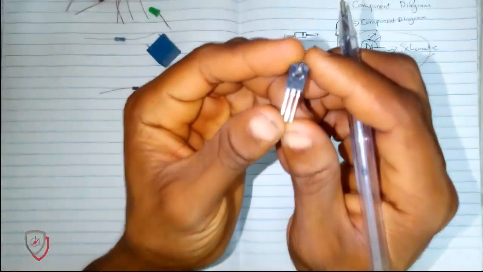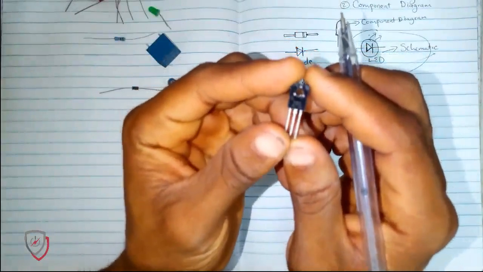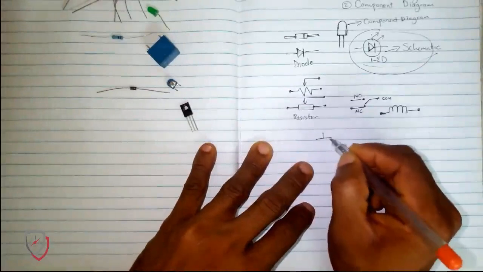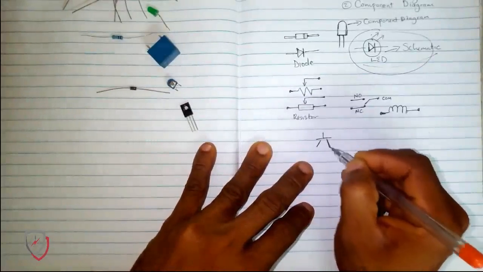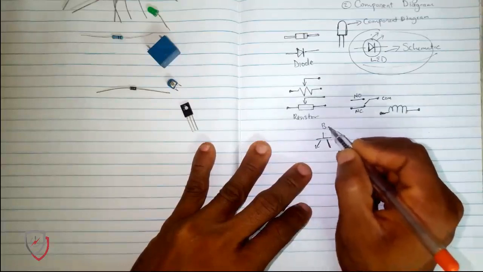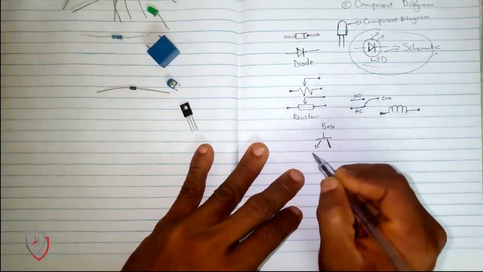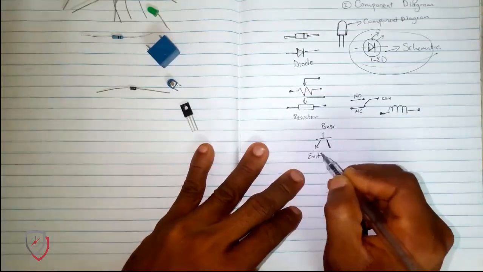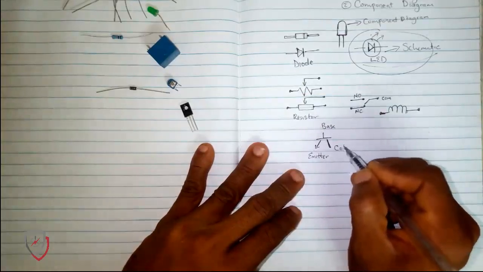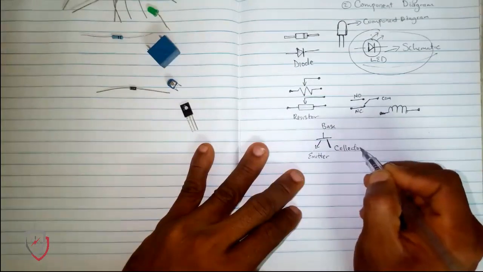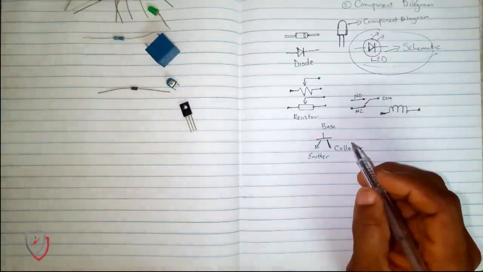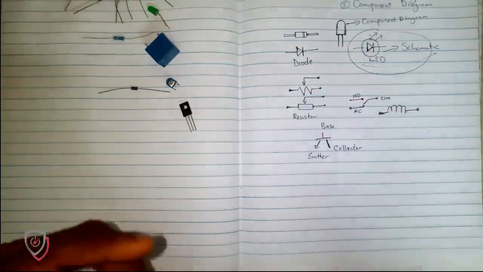Okay, a transistor. A transistor has 3 terminals: base, emitter, and collector. Now there are 2 types of transistors.